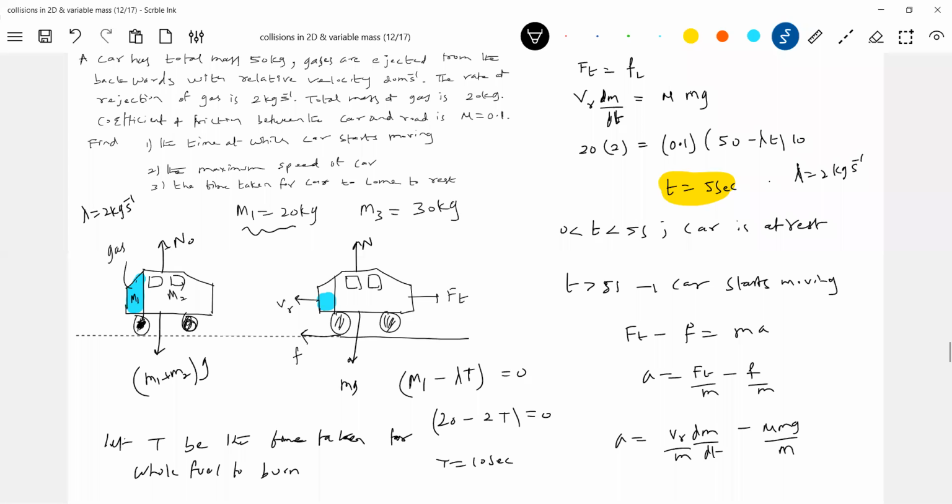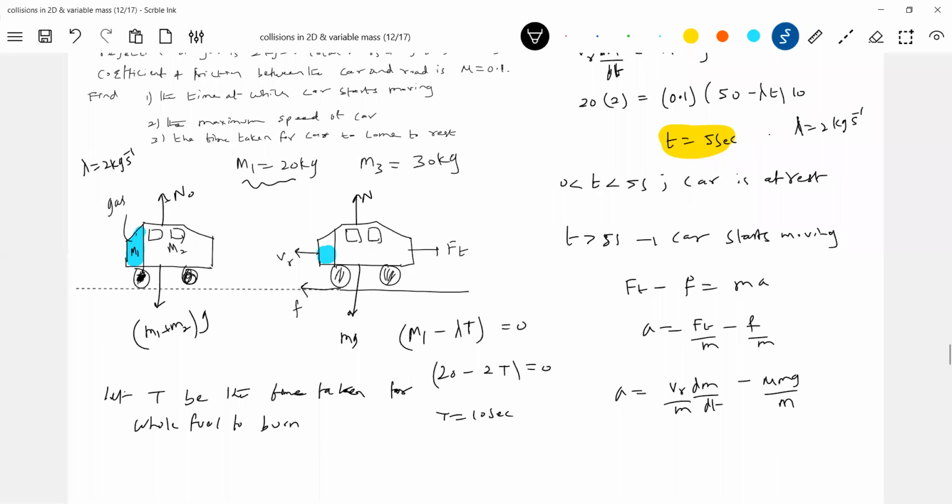I'm making the problem a little bit simple by assuming things. So this will be VR dm by dt. Recollect the very first rocket propulsion, the same equations I'm bringing here, minus mu g.